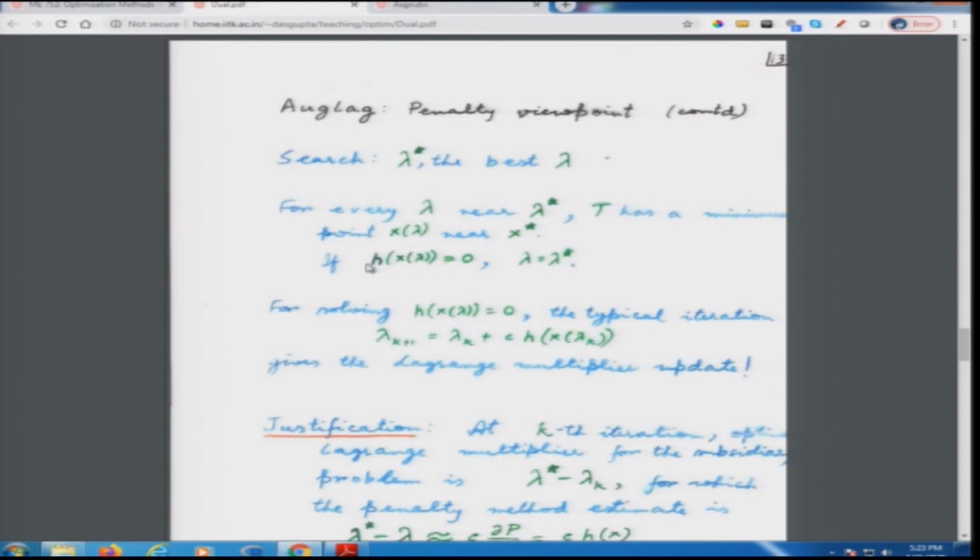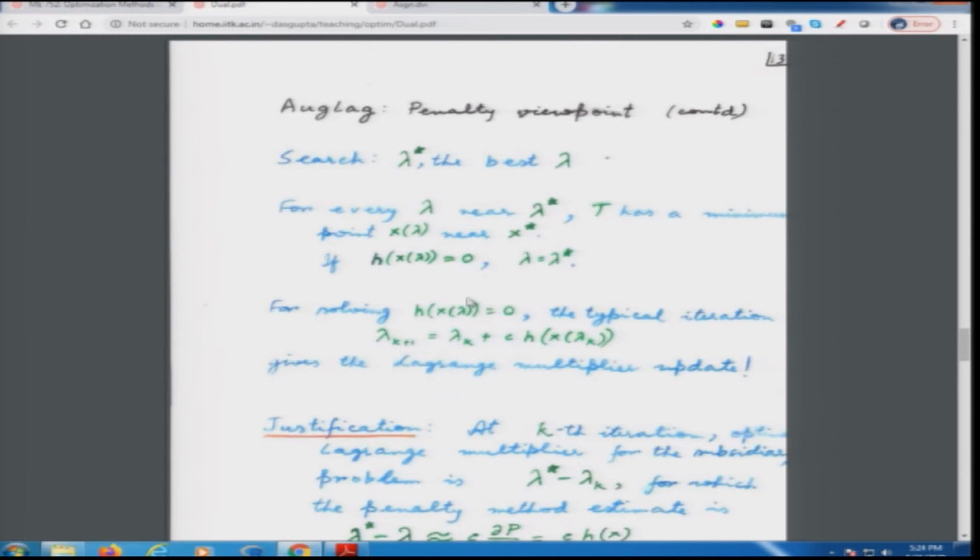Now, this definition basically makes it a system of equations in lambda finally. This system of equations we want to solve, and the typical iteration for that is this. That is, start with any lambda and use this update formula for updating it, and as you converge you get to the correct value lambda star.